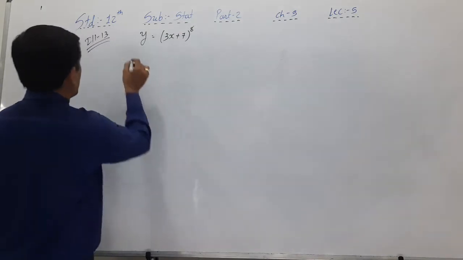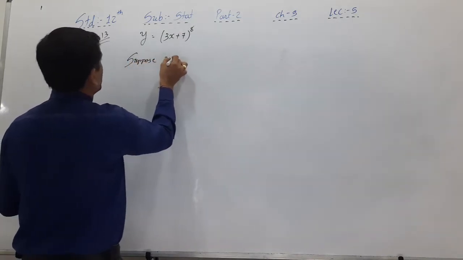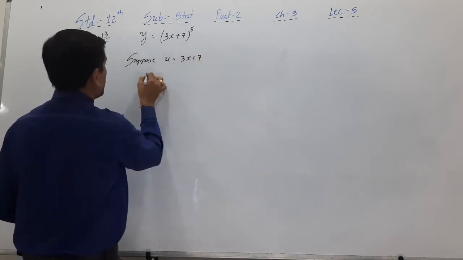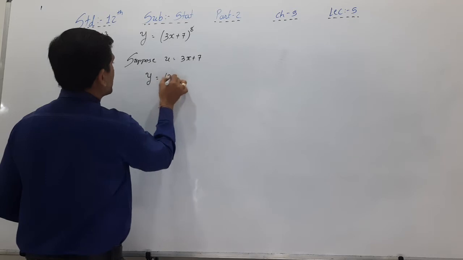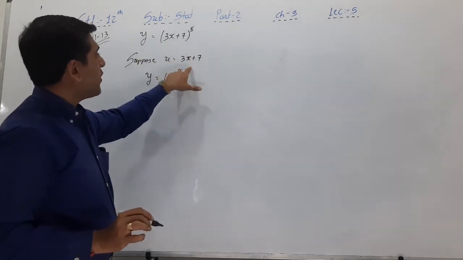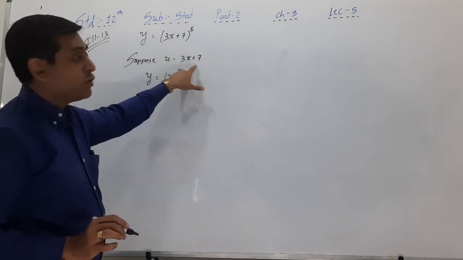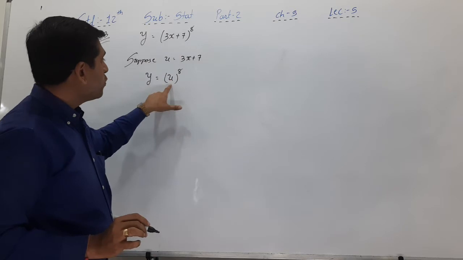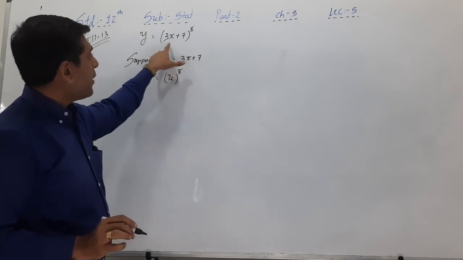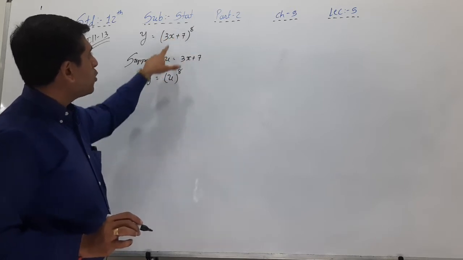So here, first of all, suppose or take u is equal to 3x plus 7. So now, what is y? U raised to 8. Here we are supposing u is equal to 3x plus 7, so y is equal to u raised to 8. I am supposing for this u, so I am writing u raised to 8.